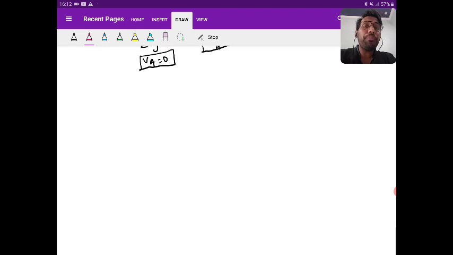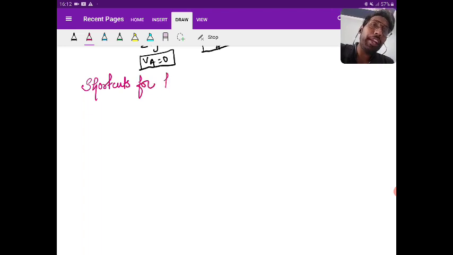Now I'm going to let you understand the shortcuts for finding the support reaction.